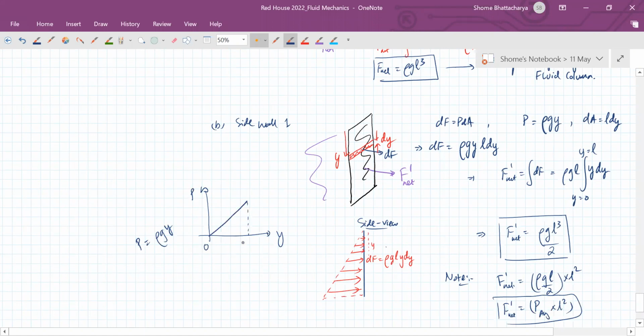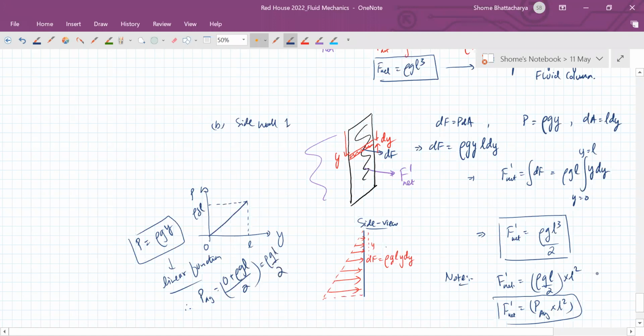So its average value, therefore P average will be like arithmetic mean. So there's an easy way to remember this result also.